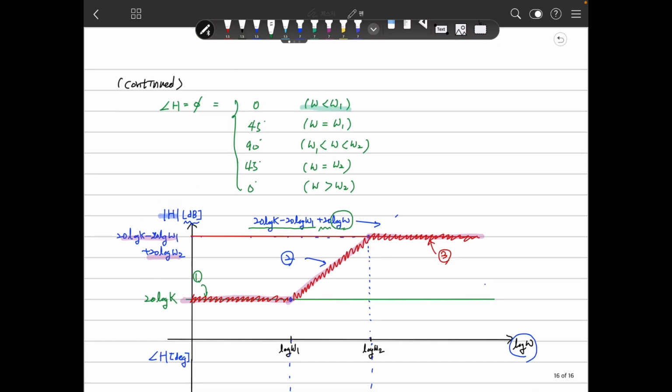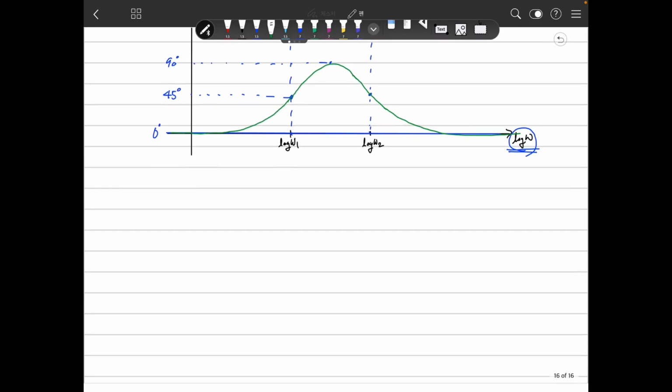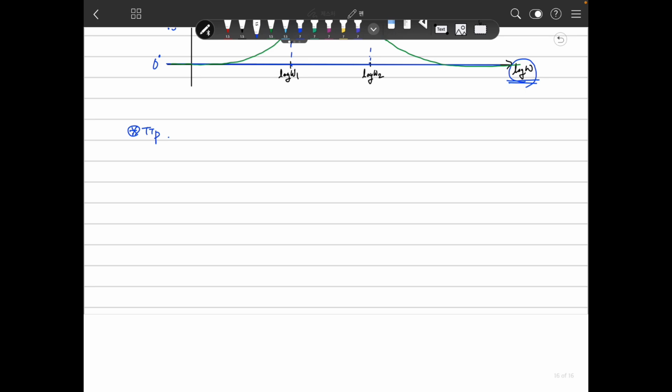So when you draw the phase angle, for example, H looks like 1 plus j omega over omega 1 in this manner here. So you know the magnitude of H is like that.